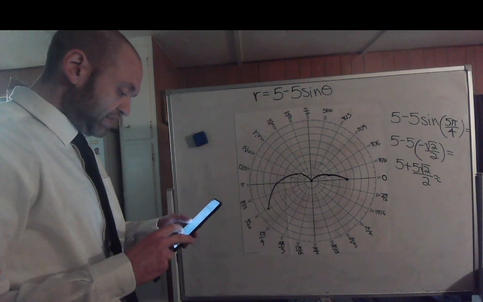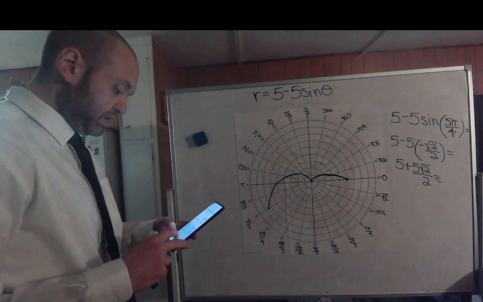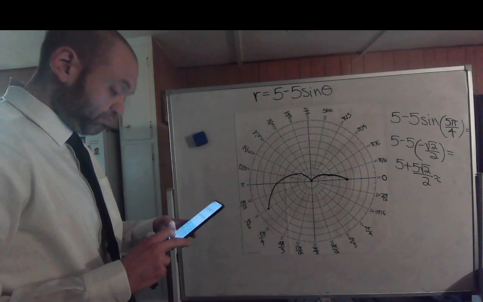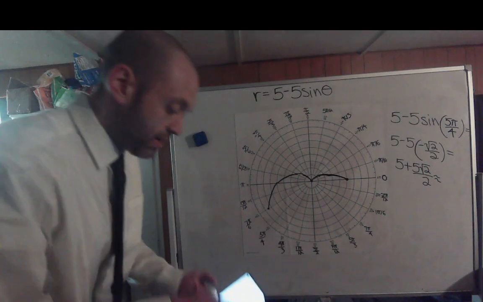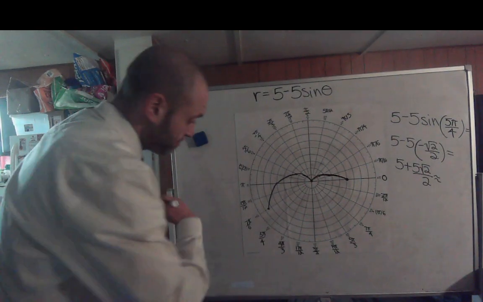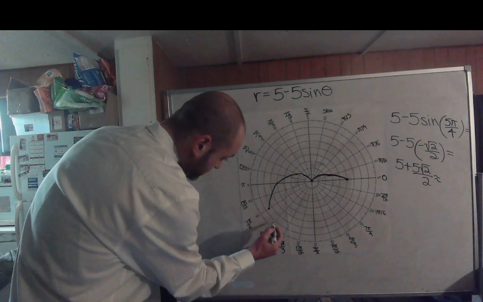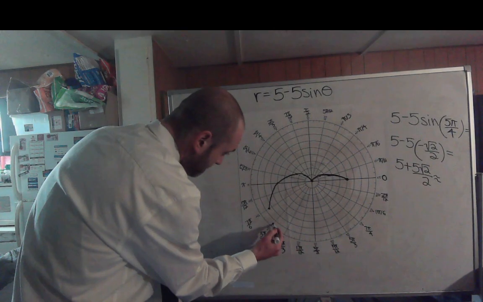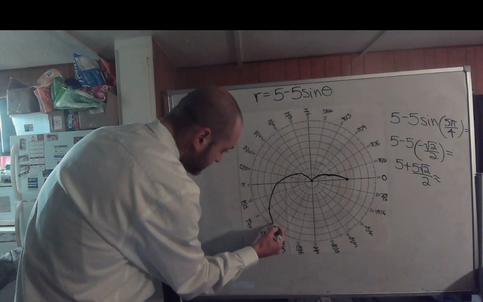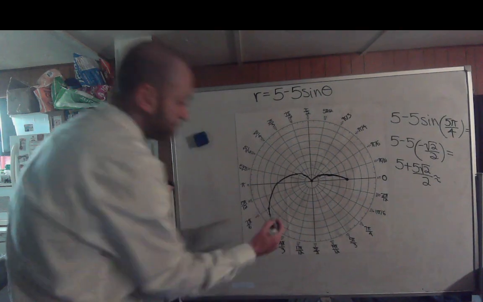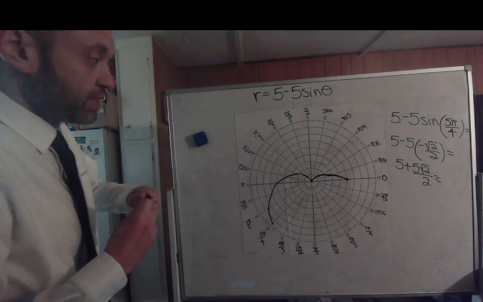So 5 times the square root of 2 divided by 2 plus 5 would put you at about 8.54. So that's going to put you right about here. Let's continue connecting.